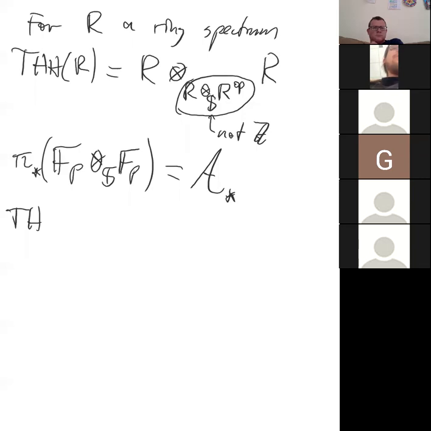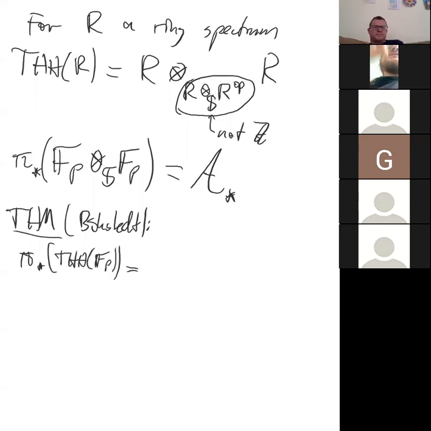So here's a theorem due to Bökstedt, which is that the homotopy of THH(Fp) is, as a ring, just polynomial.